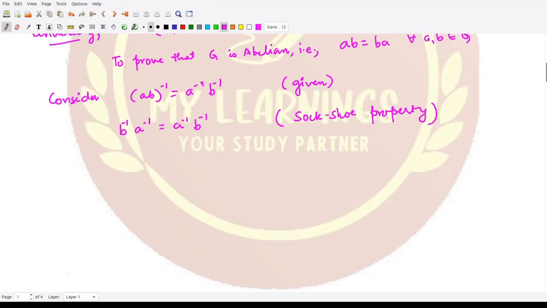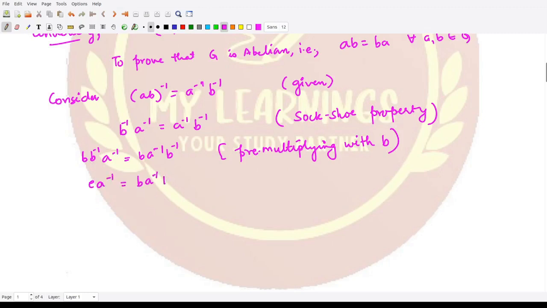Now what you can do, you can pre-multiply both sides with B, so that you would have B A inverse B inverse, right? So this is by pre-multiplying with B. Once you solve this, you have B inverse B is E, so A inverse is equal to B A inverse B inverse.